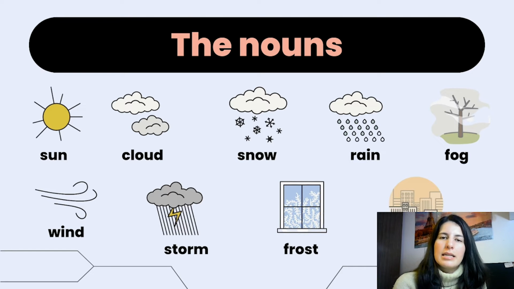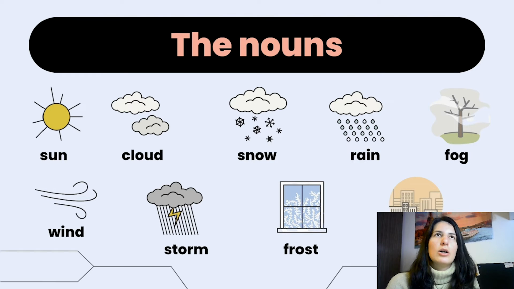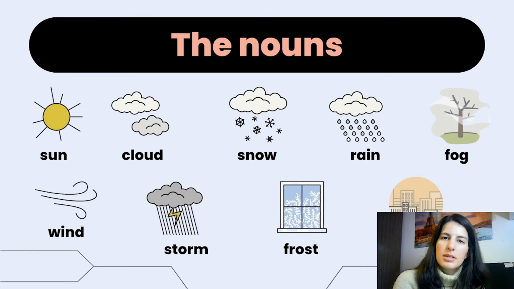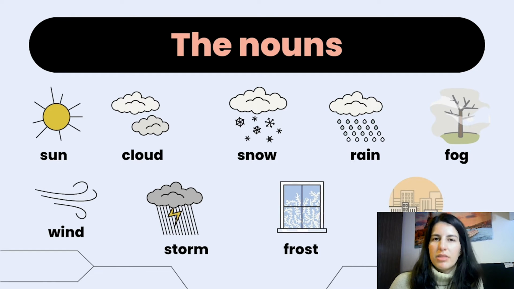So these nouns, guys, they are, like I said, the substantives of the weather, and so they are used as the subject of the sentence. They're not used to describe something, but they are the thing. So for example, I can say the sun is hot. These clouds are gray. The snow is beautiful.